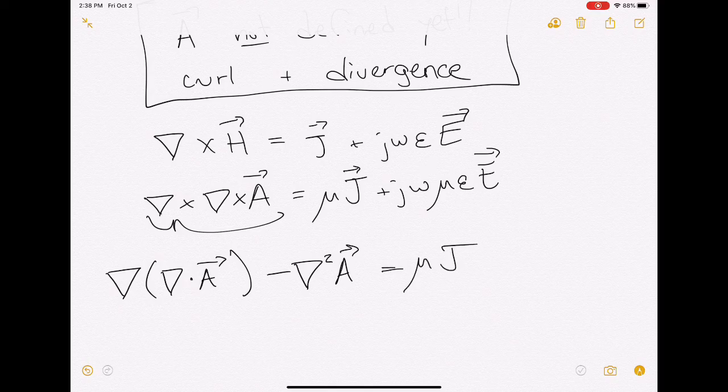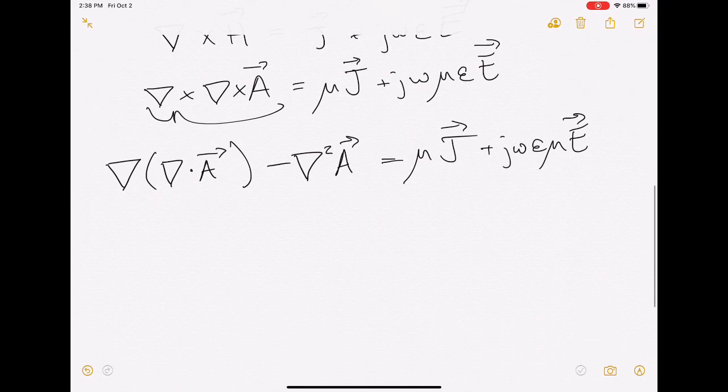Mu J plus j omega epsilon mu E. All right. We'd really like to have A just in terms of J and not depending on the electric field. We'd like to have just a relationship between A and J, and that's going to be our inhomogeneous wave equation for how we figure out what all of the fields do to some current source that's radiating. All right? So how are we going to deal with the electric field?